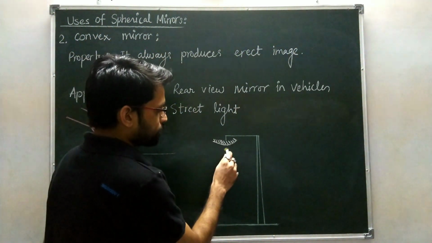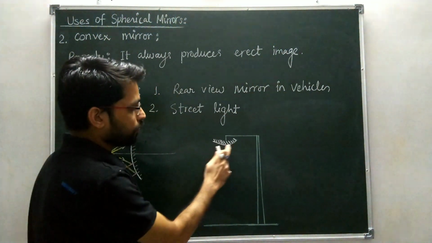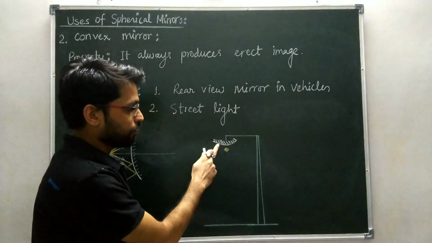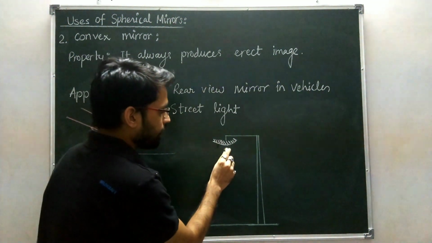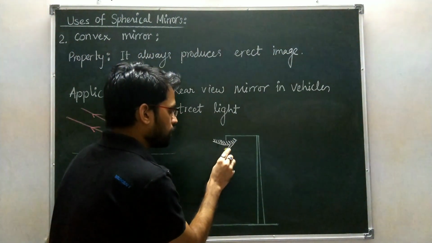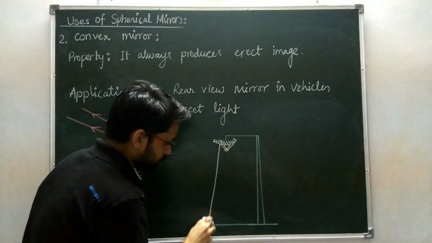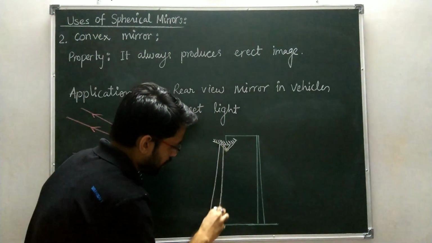How does it work? There is a light source or light bulb in front of the reflecting surface of a mirror. Then the light coming from the light source, after reflection, diverges over a large area.